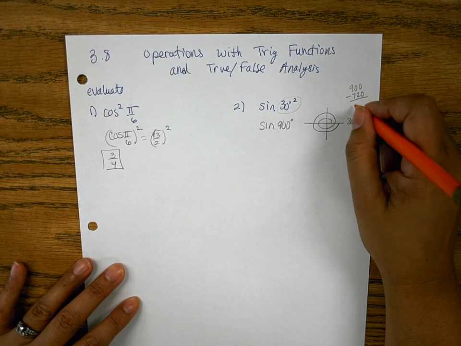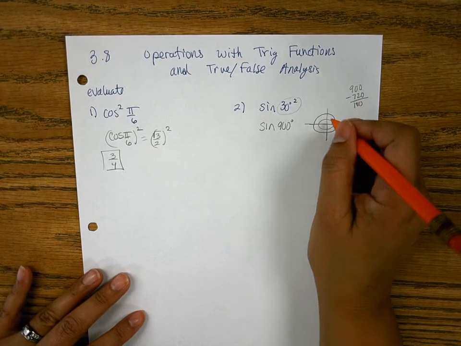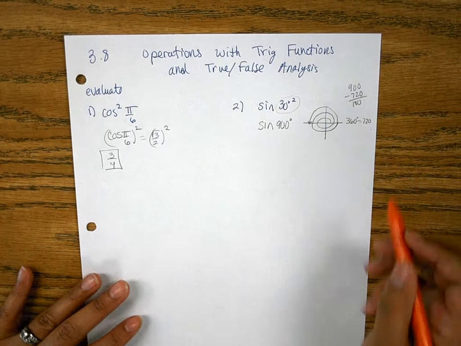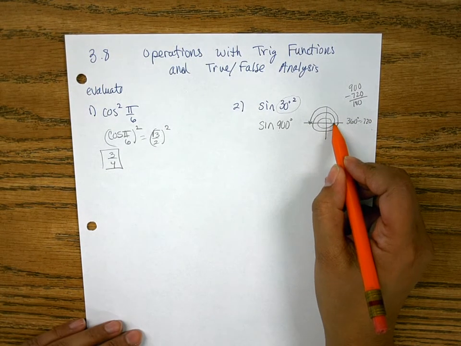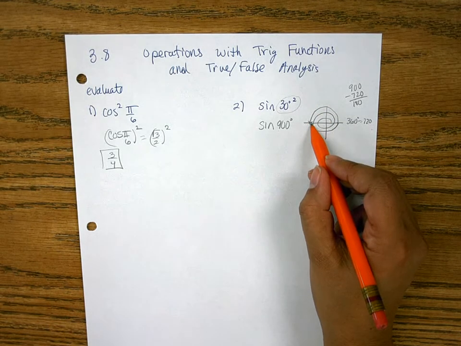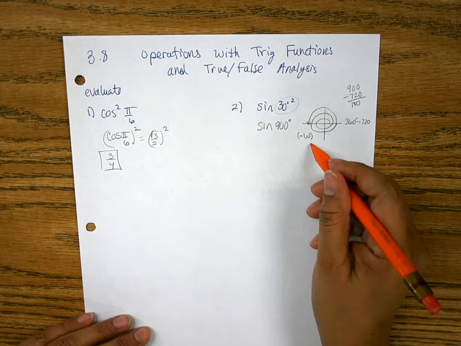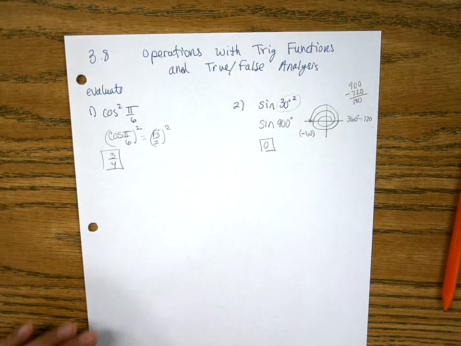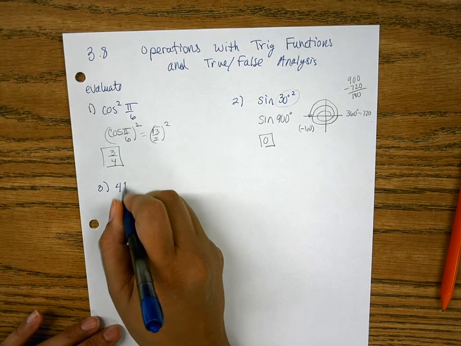How much bigger is 900 than 720? 180. So that means I have 180 more degrees to go, which is right here. So this is where I end up. So that was 360, 720, plus 180 makes the 900. So that ordered pair is -1, 0. Sine is the y value, so 0 is my answer.